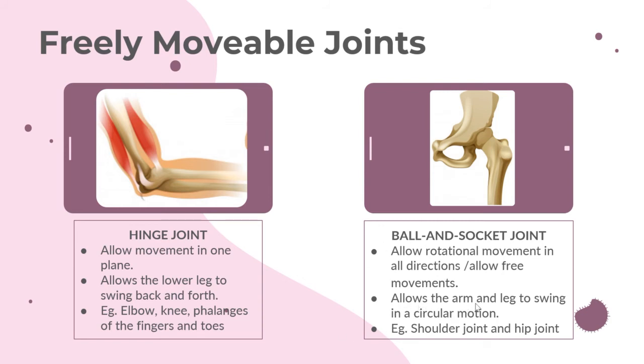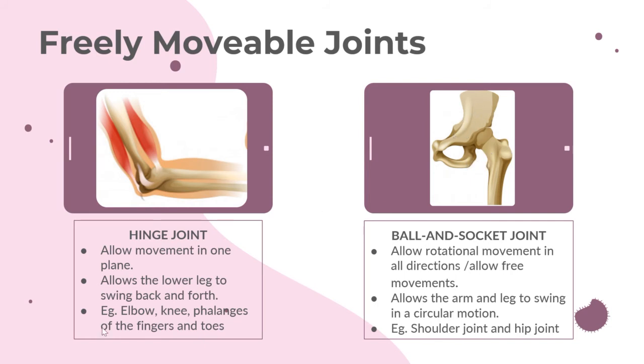It allows the arm and the leg to swing in a circular motion. Examples of the ball and socket joint are the shoulder joint and the hip joint.